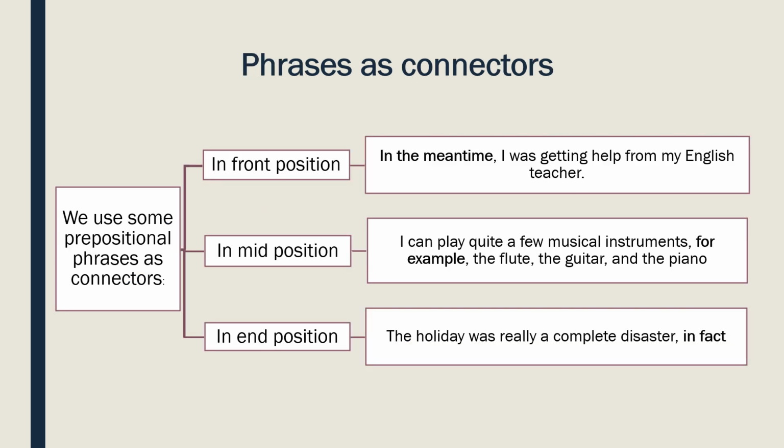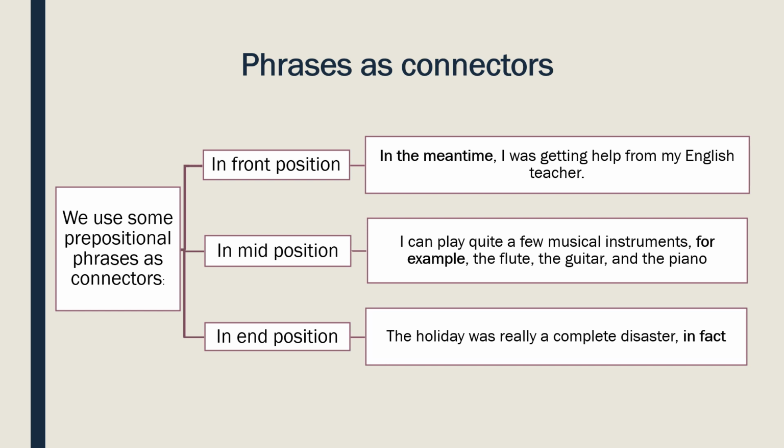We use some prepositional phrases as connectors in three different positions. In the front position, for example, in the meantime I was getting help from my English teacher. We use the phrase in the meantime in the front position before the sentence. And in the middle position, I can play quite a few musical instruments, for example, the flute, the guitar, and the piano.